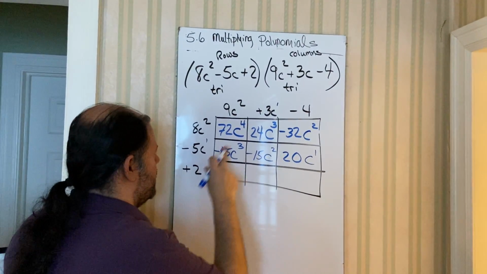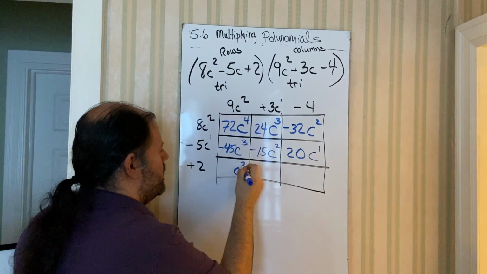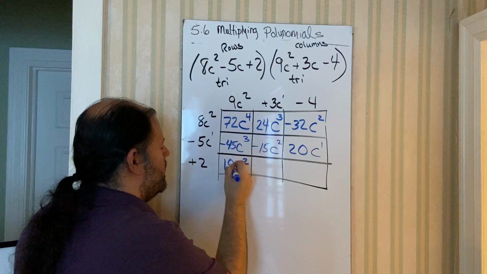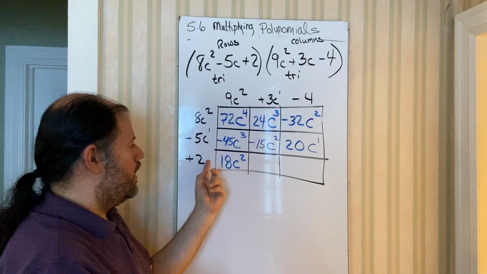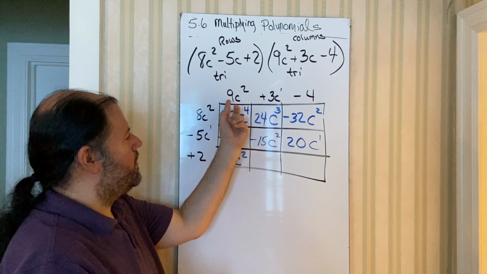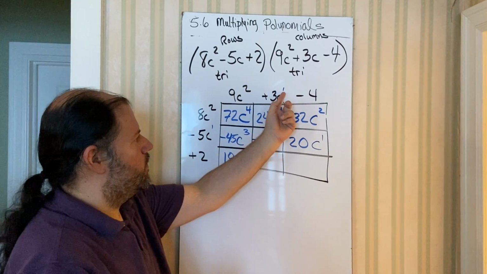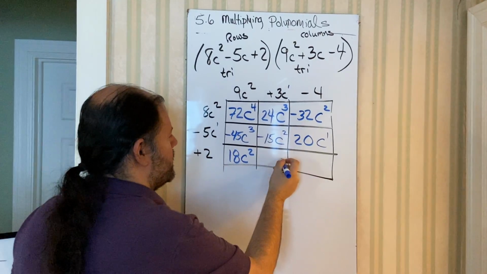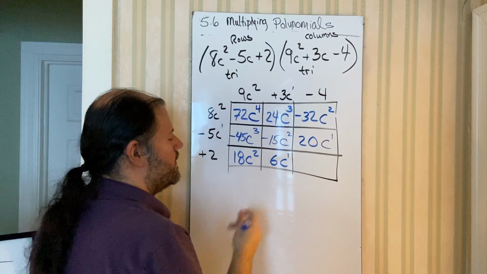This guy, c squared and a 2, 18c squared. How did I do that? 2 c's, no c's, that means I still have 2, and I multiply the coefficient with the constant to get 18. Same thing here. 1c, no c's, still have the 1 on top. And 3 times 2 is 6.